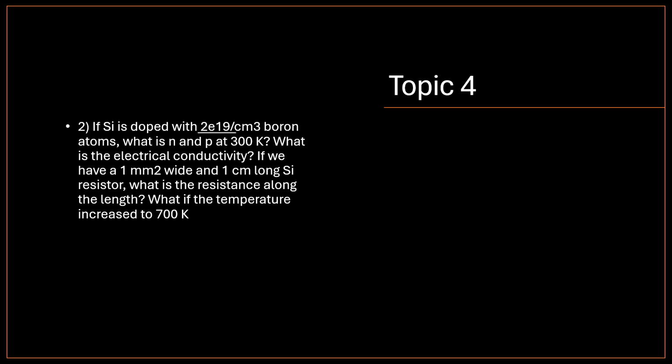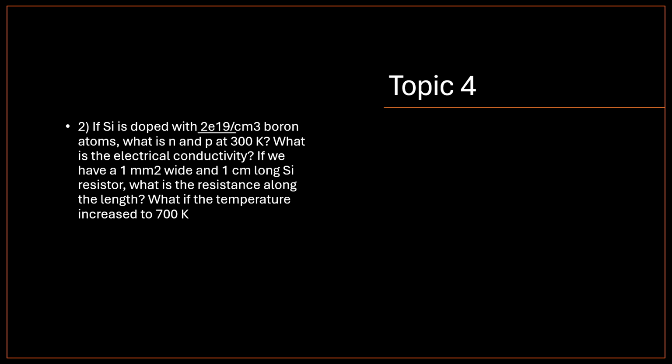So this question is the exact same as the last question. It's just that this time we're going to need to figure out N and P. When we figure out N and P, then for the rest of the questions, we're just going to proceed the same way we did with the first question. So it's not going to be too much writing or examples. Once we get our numbers, then it's just a matter of plugging in.